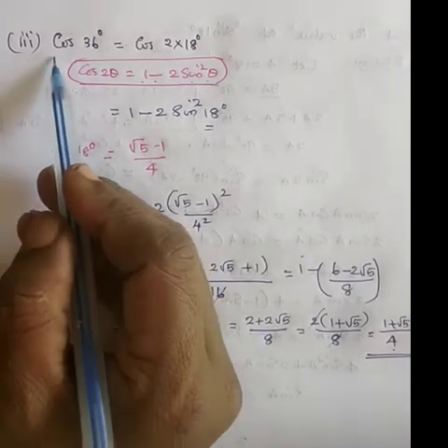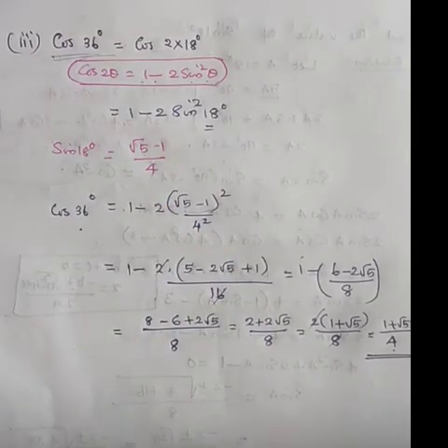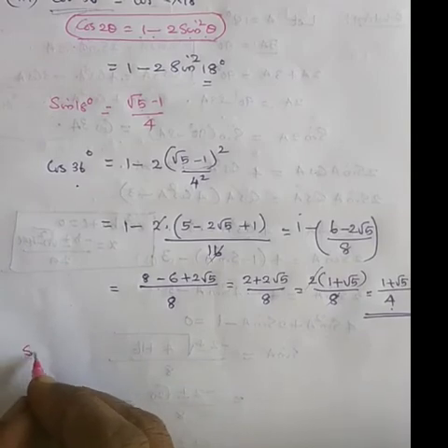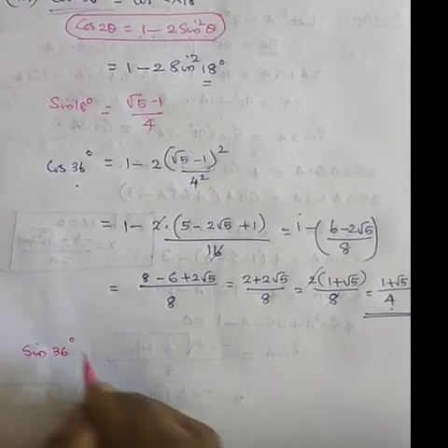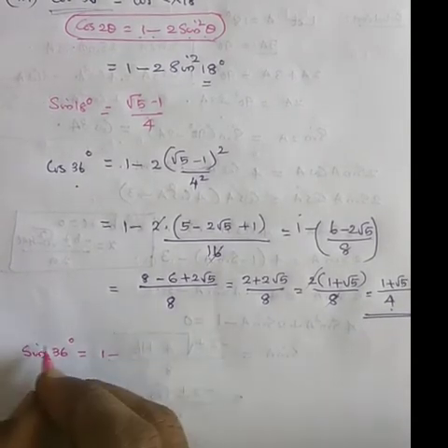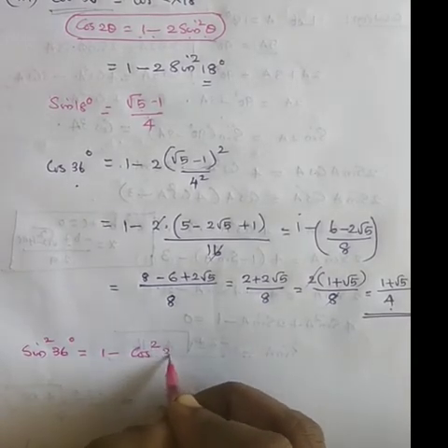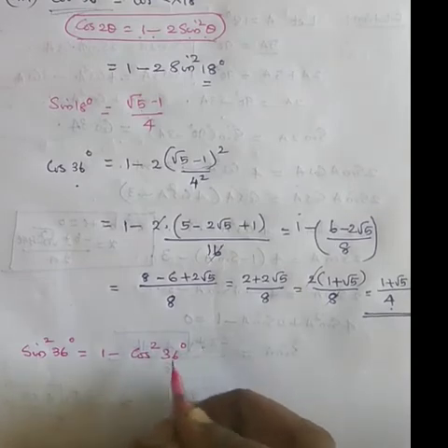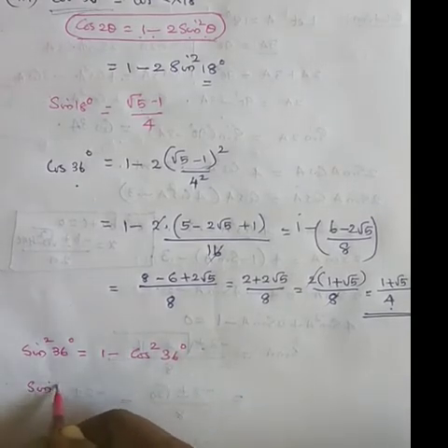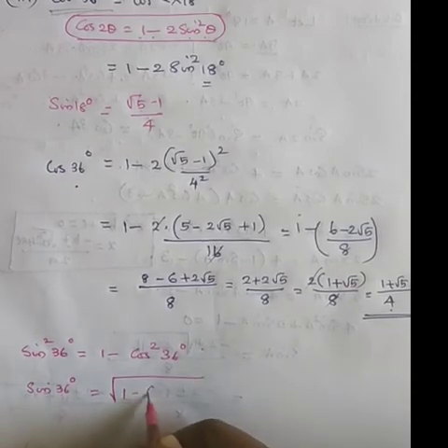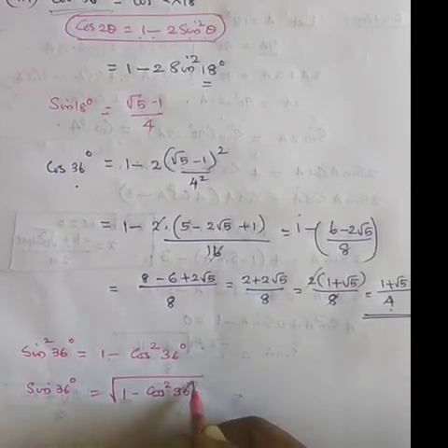Using this cos 36 degree, we can find the value of sin 36 degree. We know that sin square 36 degree equal to 1 minus cos square 36 degree, or sin 36 degree equal to square root of 1 minus cos square 36 degree.